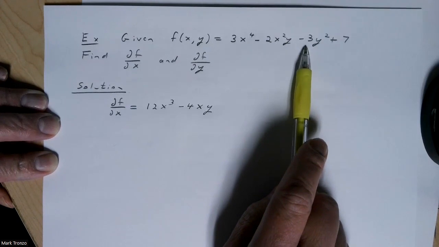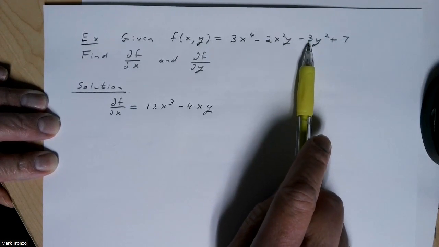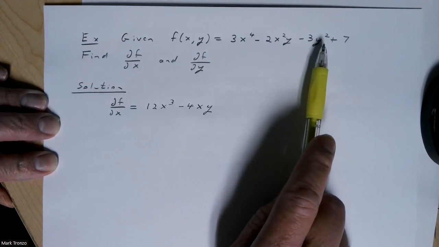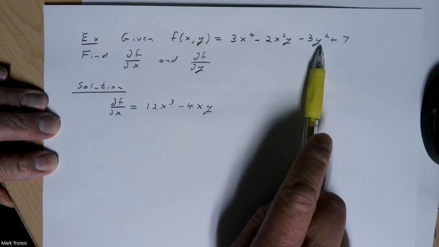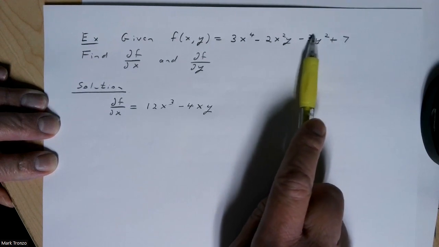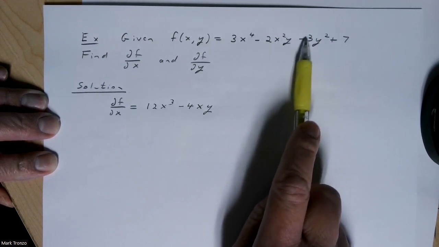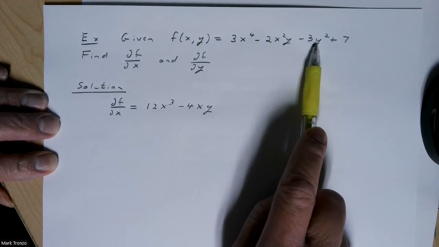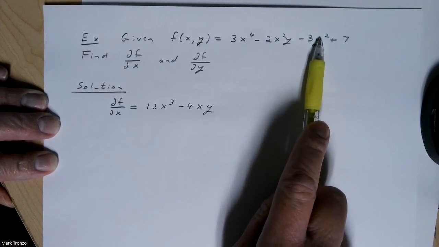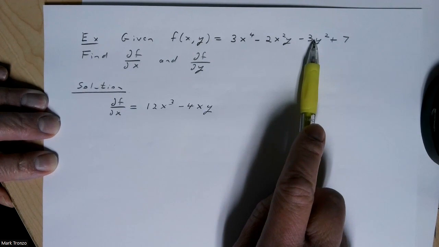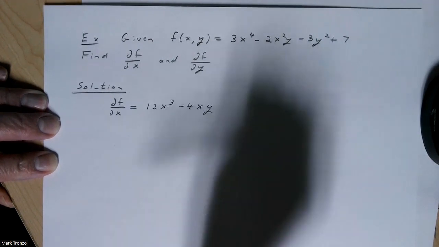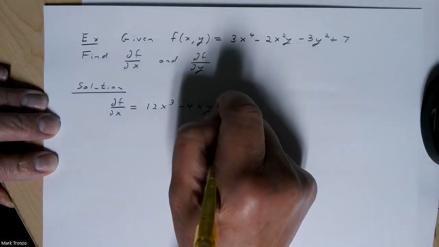And now take the derivative of this. Now notice that the 3 is constant, this is y, it's not x, so we're going to treat it as constant. So this whole term is really just made up of constants. And of course, if we're taking a derivative of a constant, that's always just going to be 0.